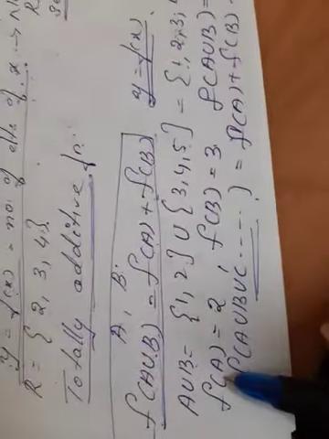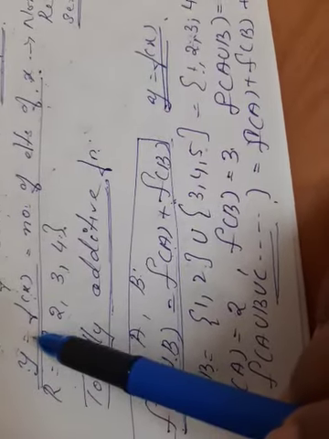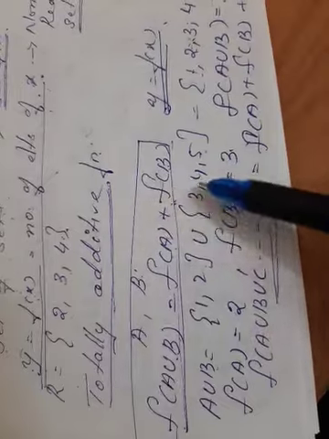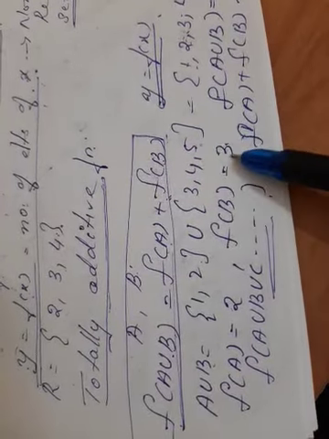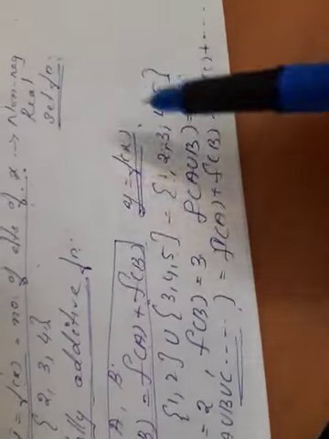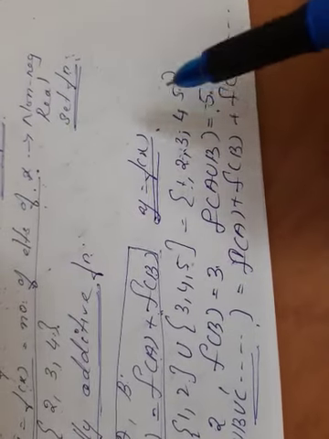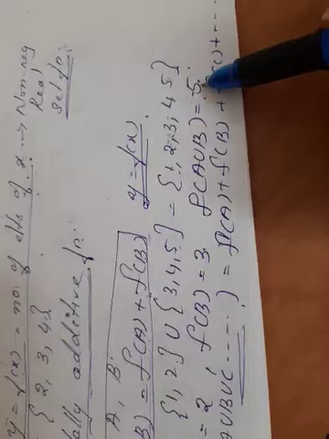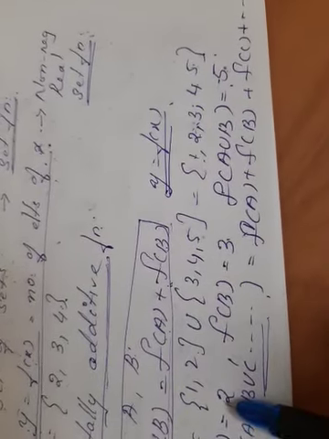So, what is f of A? f of A is the number of elements in A. So, f of A is equal to 2. f of B is the number of elements in B. So, it is equal to 3. And f of A union B is the number of elements in A union B, which is equal to 5. Clearly, 5 is equal to 3 plus 2.